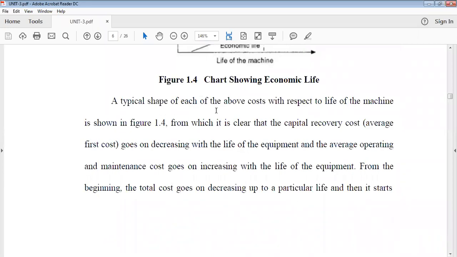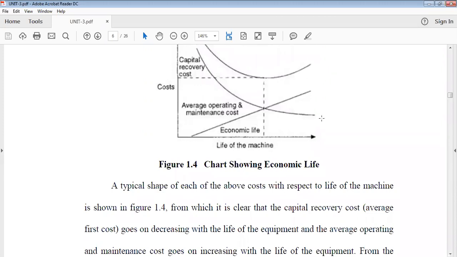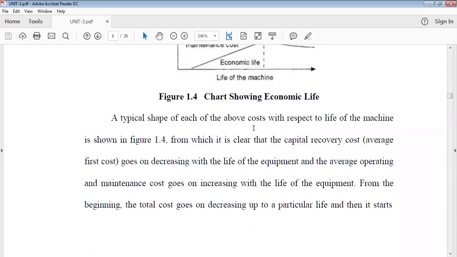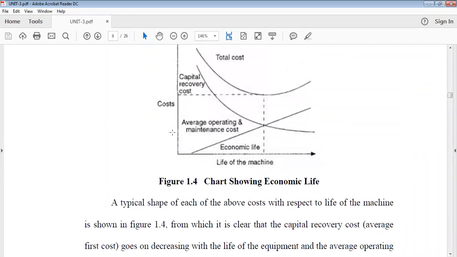A typical shape of each of the above costs with respect to life of a machine is shown in figure 1.4, from which it is clear that the capital recovery cost, average first cost, goes on decreasing with the life of the equipment, and the average operating and maintenance cost goes on increasing.